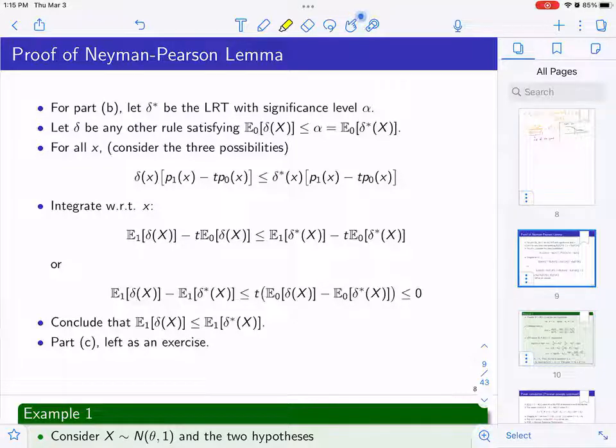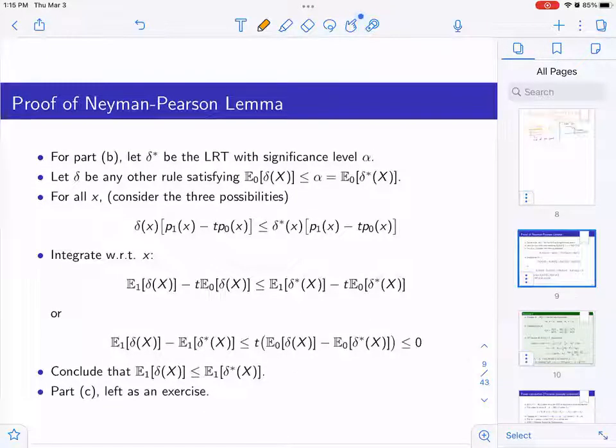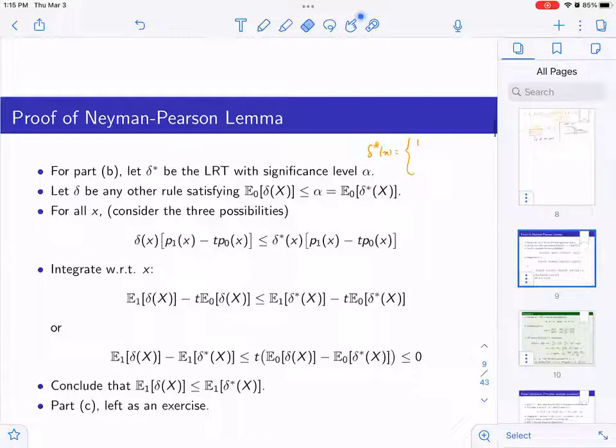Delta star is basically, remember, delta star of x is 1 if P1 of x is bigger than or equal to P0 of x, or you can write it like this: 1 if this quantity is bigger than 0, gamma if this is equal to 0, 0 if this is less than 0. It's the same quantity, call it a star.